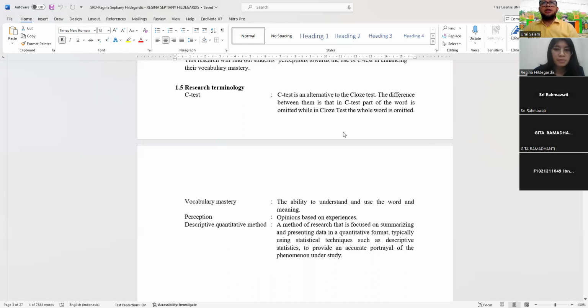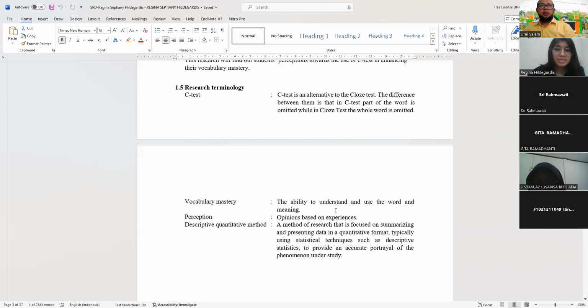Why do you think that C-test is important? How is it different from the closed test? I think C-test is way easier than closed test. Easier in what terms? What do you mean by easier? In closed test, the gap fill deletion is the whole word, while in C-test only the second half of the word is deleted.